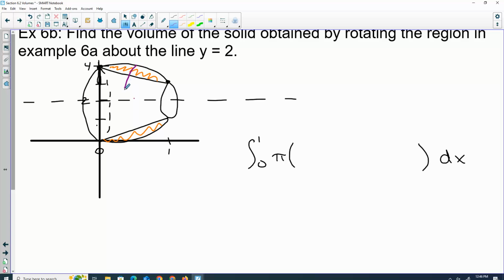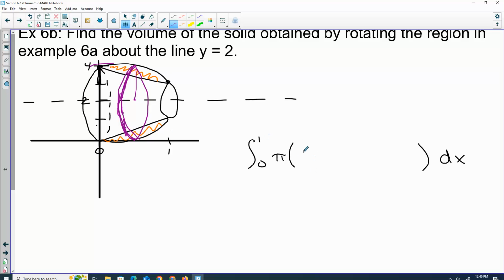so if I slice it right here, okay, can we all agree we're looking at a circle that's hollowed out in the middle? Okay, when I measure my radius, it's measuring from 2. So it's the outside. Which one's on the outside now, the parabola or the line? The parabola.